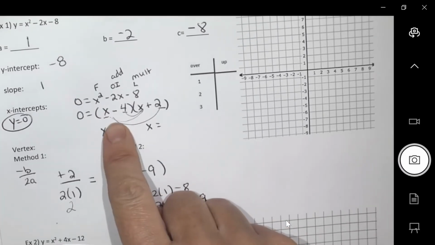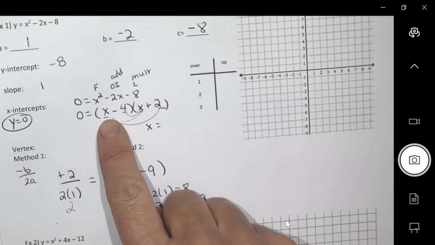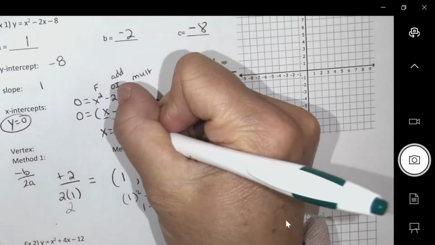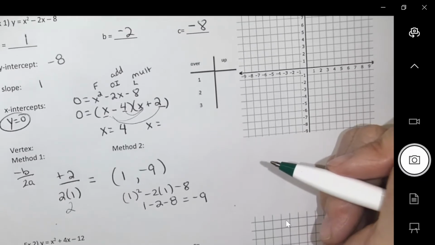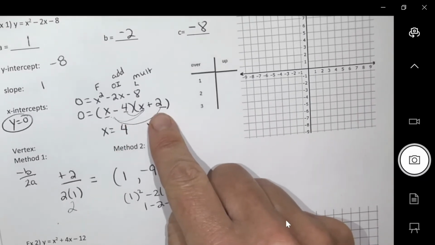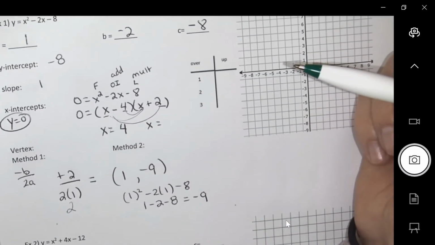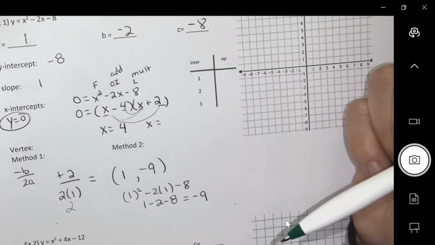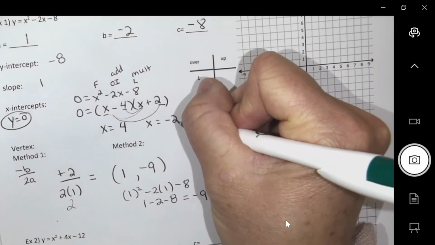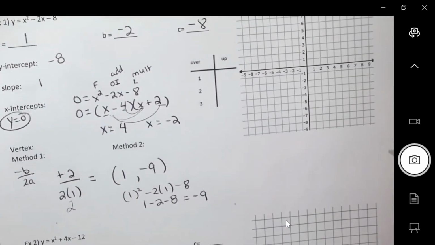How do I make this bracket turn to a 0? What would x have to be? Positive 4, because 4 subtract 4 is 0, and now if I'm using that to multiply, I'll get a 0. So just flip the sign. And what number would have to be in this spot? -2, because plus 2 causes a 0 multiplier.